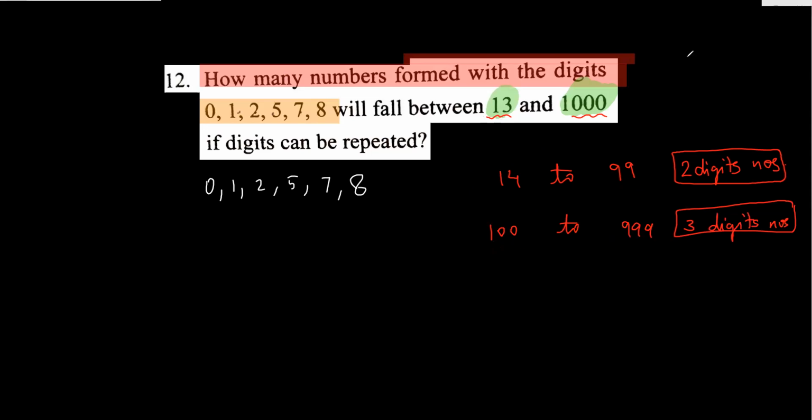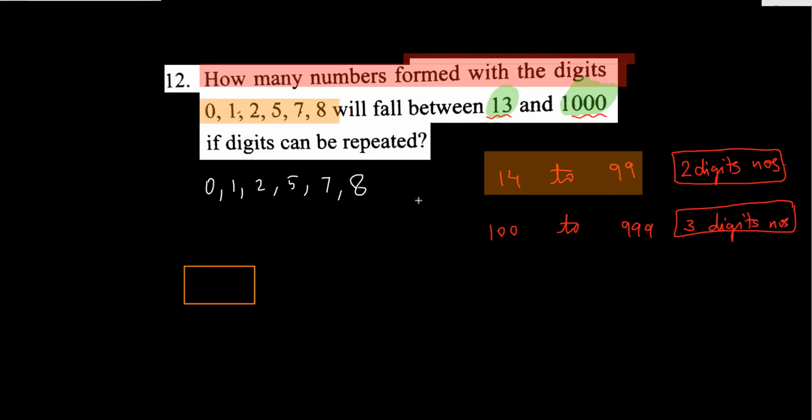Now remember students that the two-digit number you have, you will have to be careful. Why? Because see, a two-digit number, please understand, a two-digit number will be this way. It will have the units place and tens place, right? Now, this is units place.